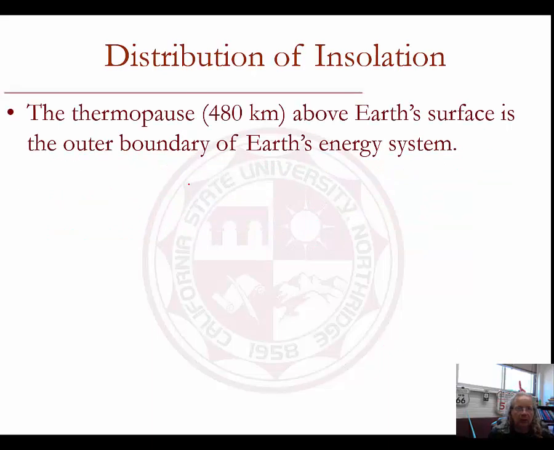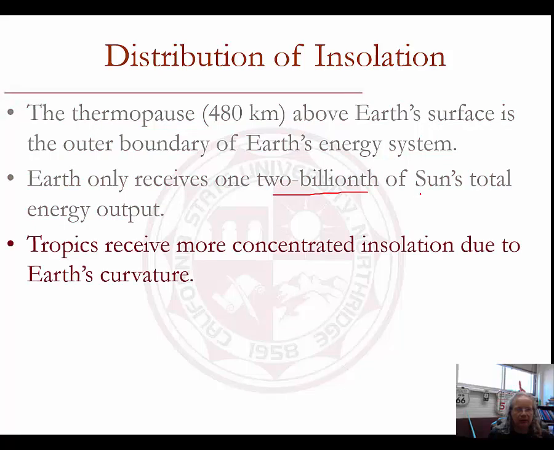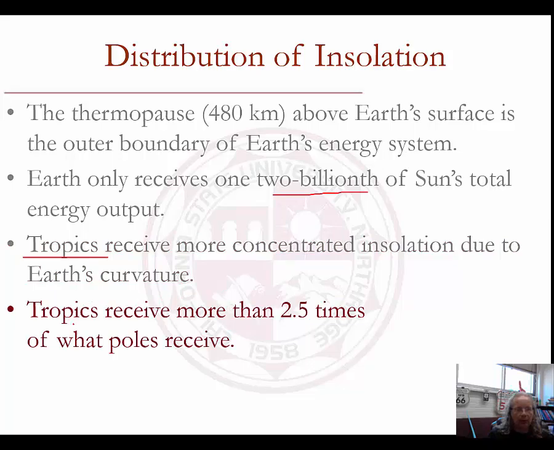Now we get a lot of this energy from the sun, and it heats up the upper atmosphere, but we only get a tiny fraction of the sun's total energy output. A good chunk of the energy that does come to Earth is in the tropics, meaning near the equator and the tropics of Cancer and Capricorn.